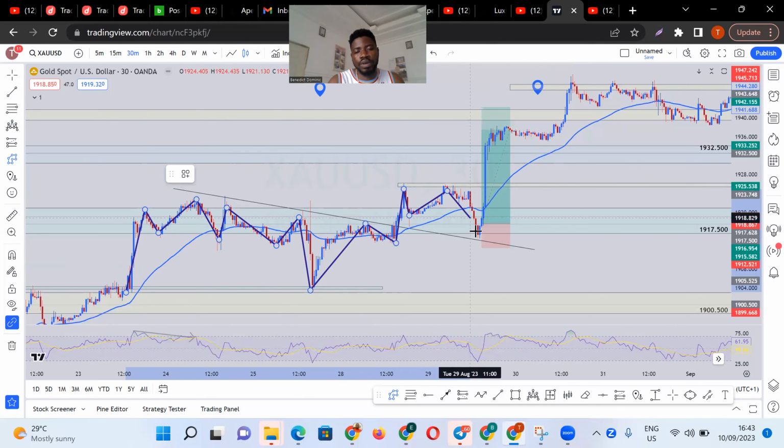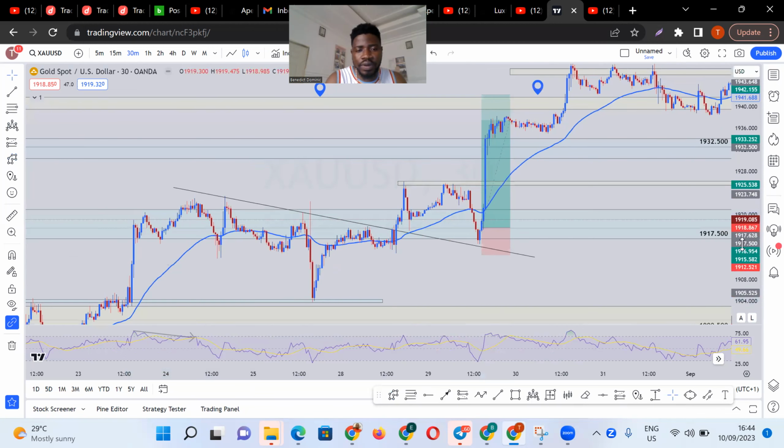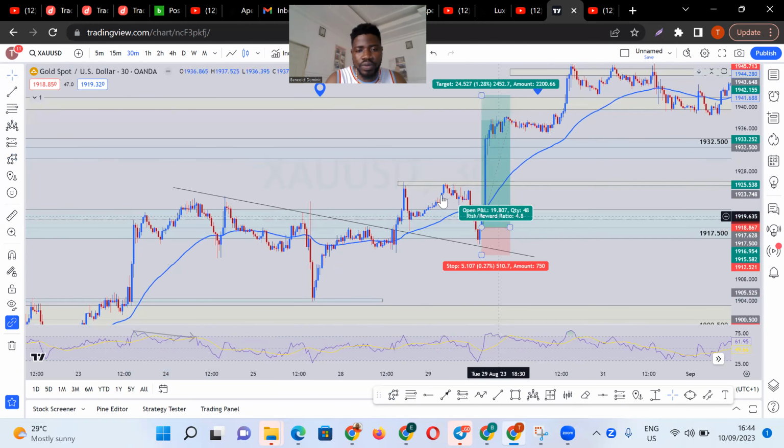Market dropped this counter trend line and formed this candlestick. And this thing happened around what time? This thing happened around 13:30. That is when that candle formed.